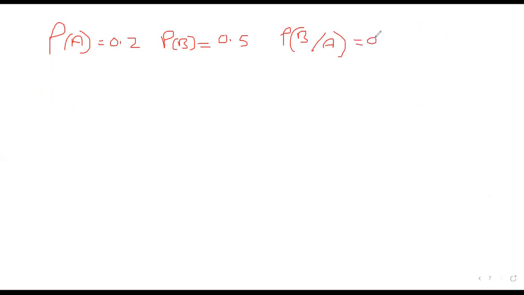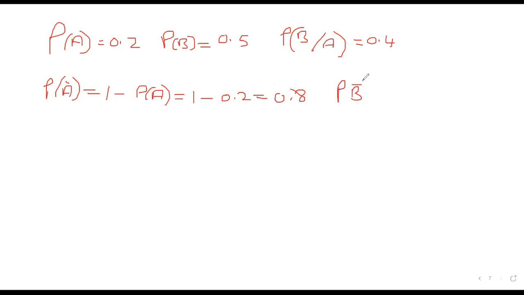You subtract from 1 the actual probability of A. Yes, 0.8. The complement means what you don't have, what is outside. If A is 20%, what is outside A is 80%.